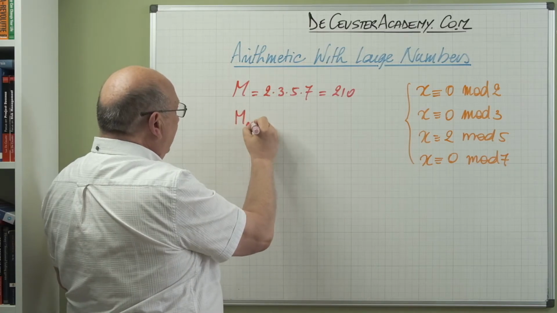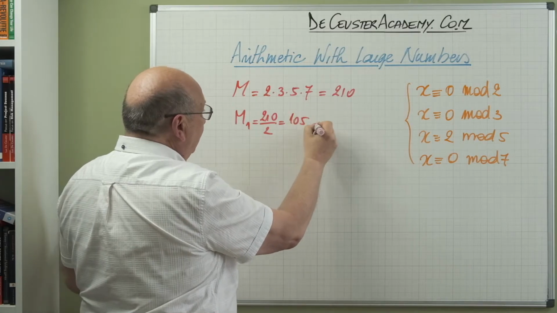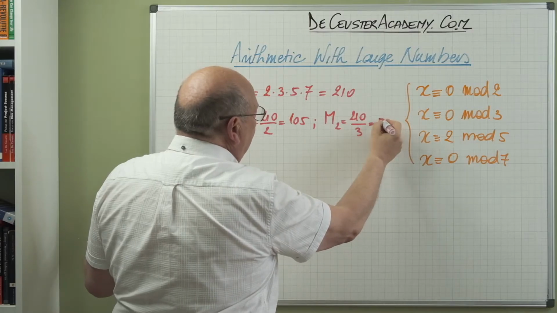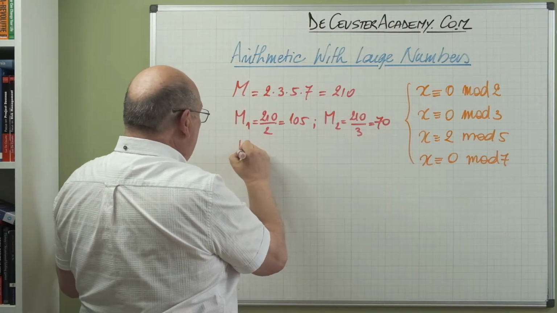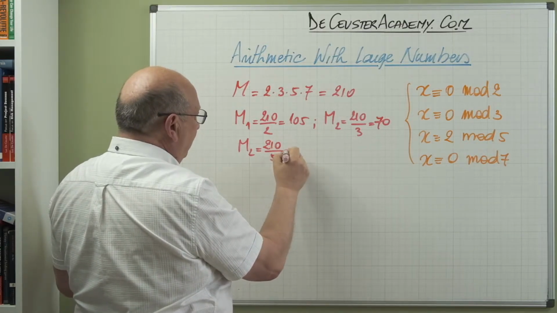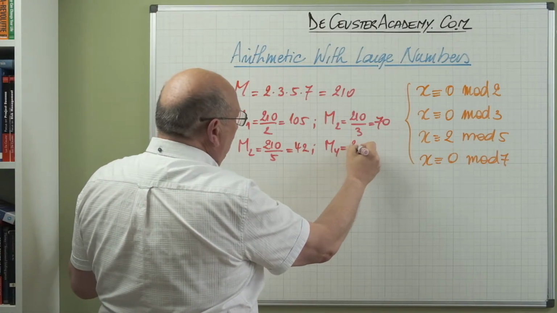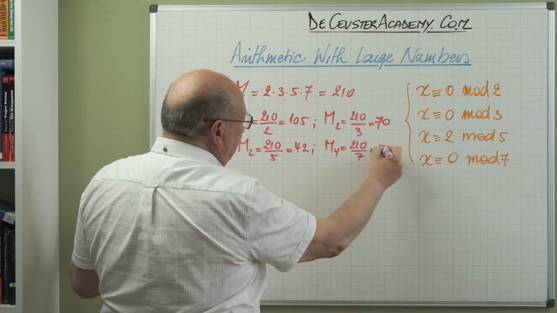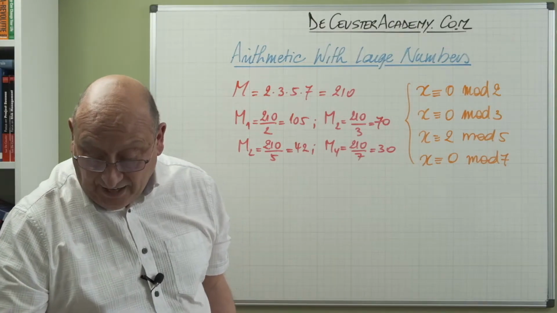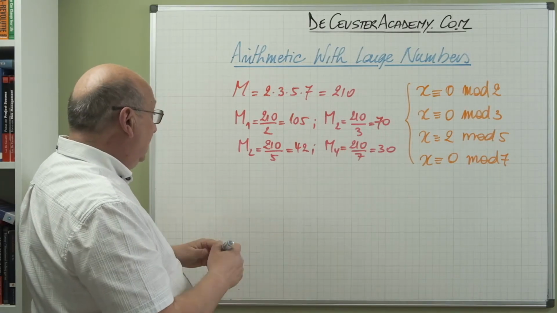And we find m1 is 210 divided by 2, which is 105. m2 is 210 divided by 3, which is 70. m3 is equal to 210 divided by 5, so that's 42. And m4 is 210 divided by 7, which is 30. Based on this, we have the necessary information to find x1, x2, x3 and x4.